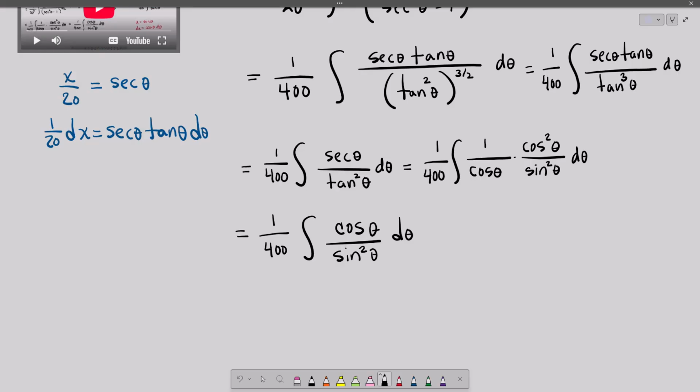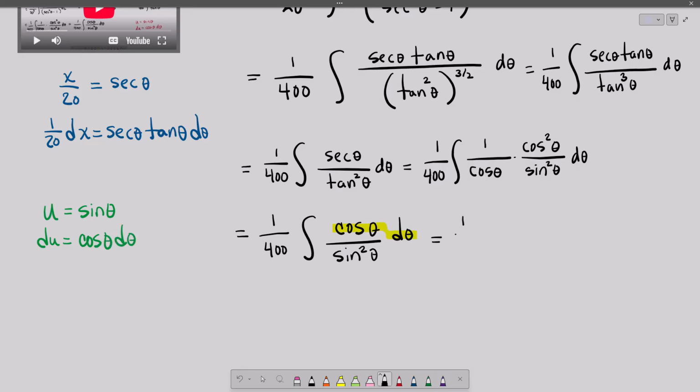What will we let u equal? Sine. Because in the numerator, there's cosine theta d theta. So if you let u be sine, the derivative of sine is cosine. So that's going to work perfectly. So u will be sine of theta. du will be cosine of theta d theta.